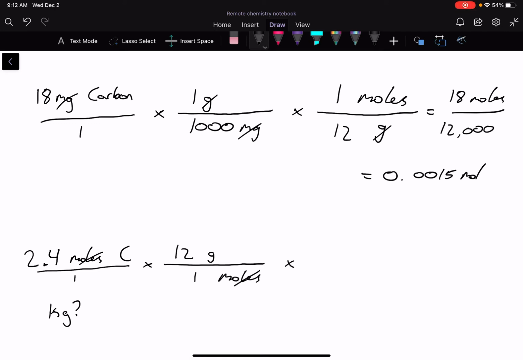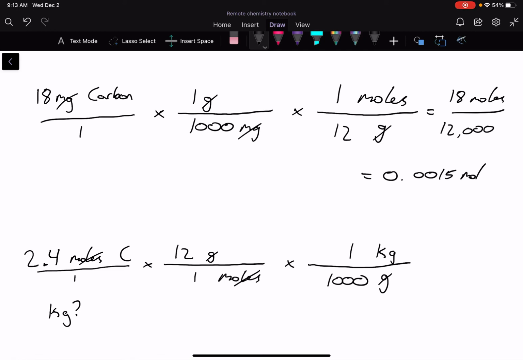And I know that the next thing we want to do is cancel out those grams, because the only thing we want to be left with is kilograms. So I'm going to put kilograms in the numerator here, grams in the denominator, so that grams cancel out. And I know that in 1 kilogram, there are 1,000 grams.